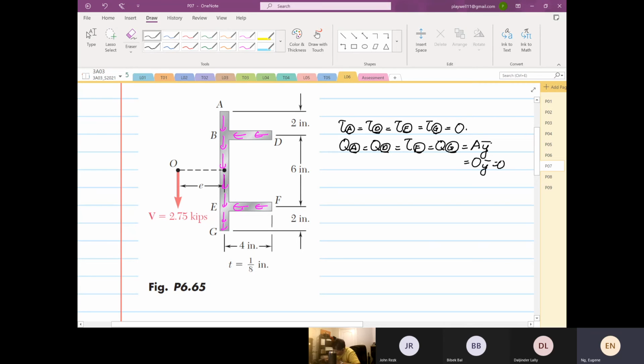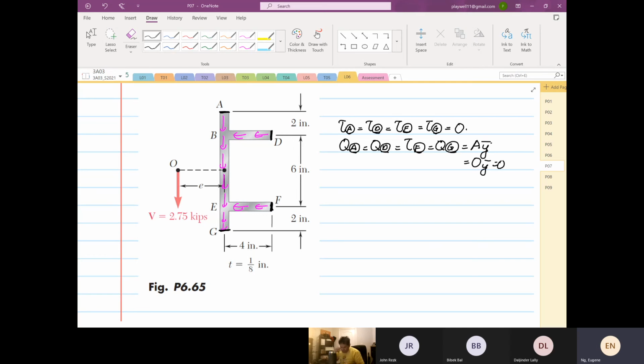Eugene, why is that? At point A, this is the area, so the area is equal to 0. Point D, the area is 0. Point G, the area is 0. Point F, the area is 0. So that's why those are equal to 0.